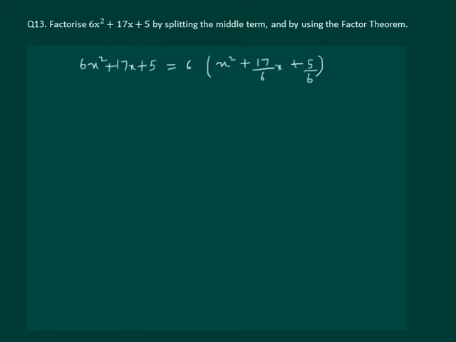And now we can write the polynomial as the product of its factors, that is x plus 1 by 3 and x plus 5 by 2.